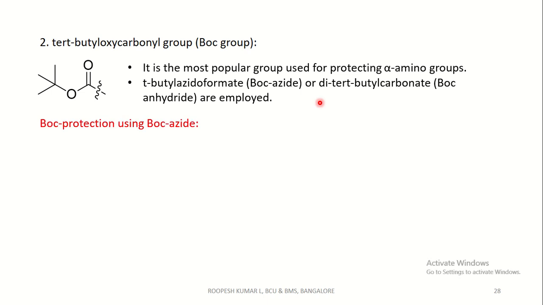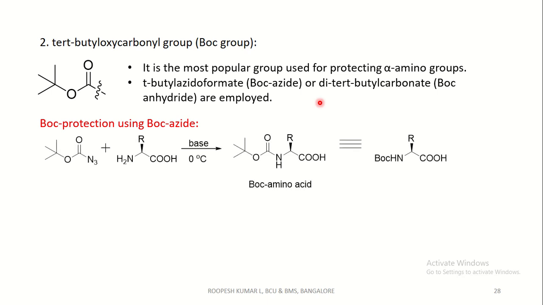Let's see Boc protection using Boc azide. And this is the Boc azide on treatment with amino acid in the presence of a base, generally at 0 degrees Celsius, and again the solvent is acetone and sometimes dioxane also. You will get a Boc amino acid. This is a general representation of Boc amino acid.